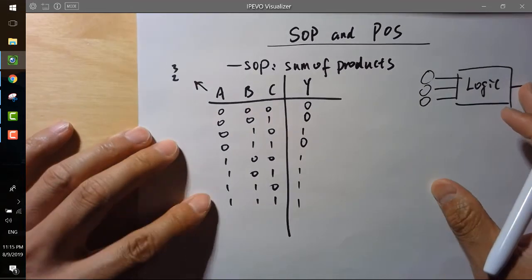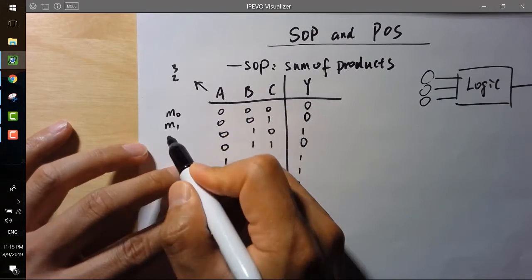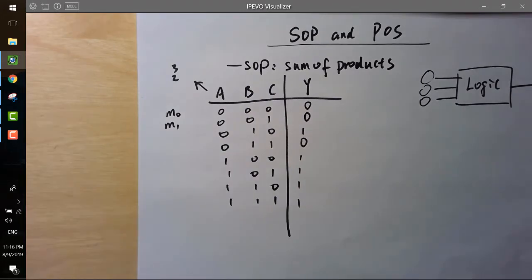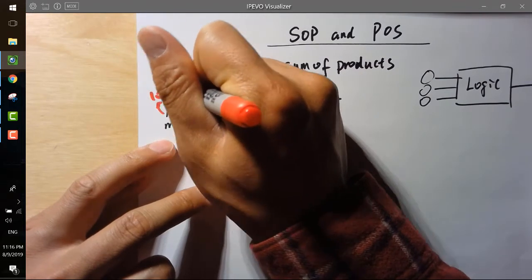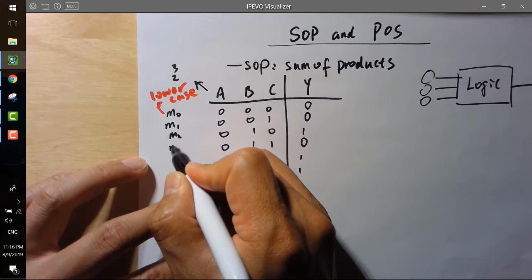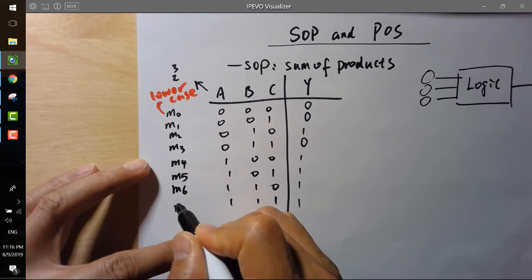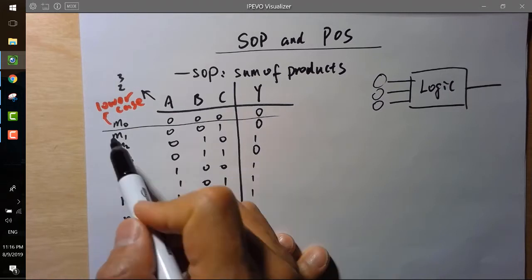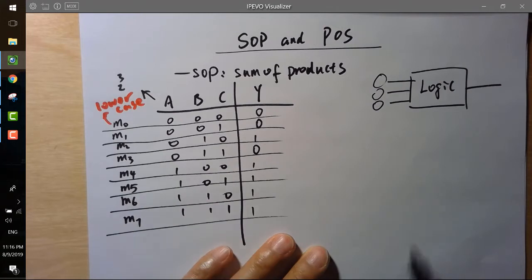And we label the rows M0, M1, lowercase, it's case sensitive, M2, M3, M4, M5, M6, M7.